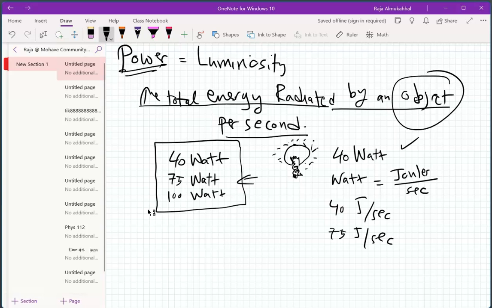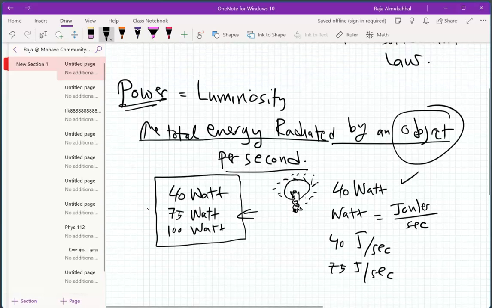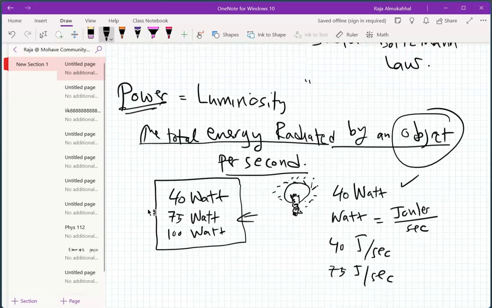You see what I'm saying? So we can reread this statement and use the term luminosity, because this is the astronomer's favorite word, not power. So what is luminosity? Luminosity is the total energy radiated by the sun, by any star, every second. You got it? Simple, I hope.